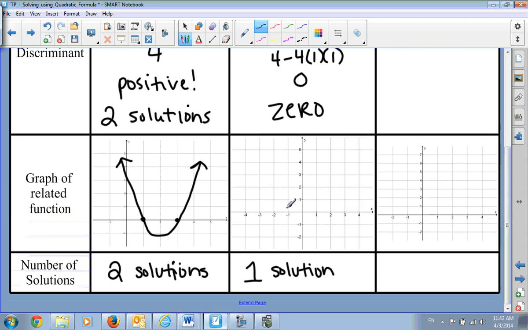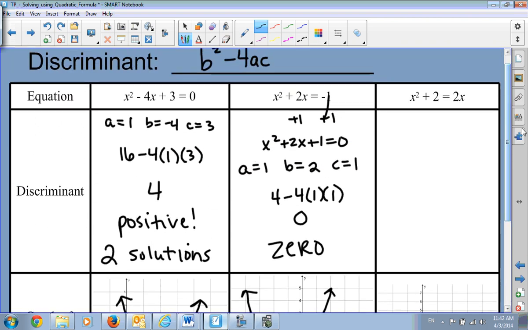So on our graph, right there, it only touches at negative 1, 0. That is super duper ugly. It looks like a V. Okay, close enough, right?